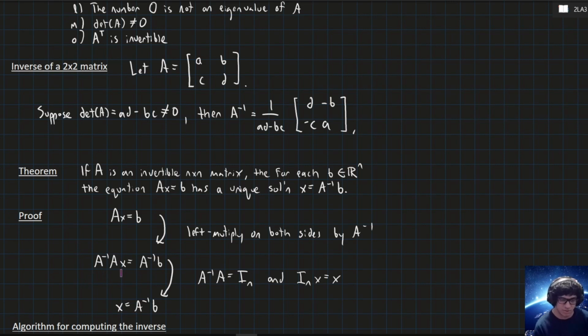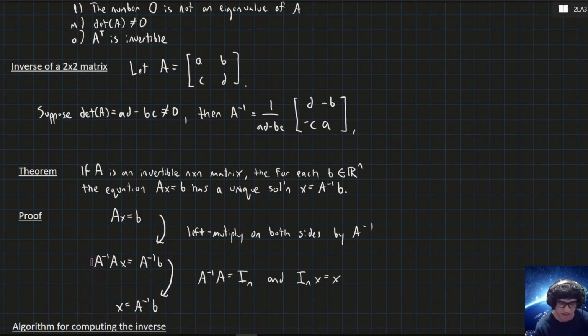Whenever I multiply an equation by a matrix, I have to decide, am I going to multiply it on the left, or am I going to multiply it on the right? And I have to do it consistently on both sides. But I decide to multiply it on the left, and that gives me what I want.